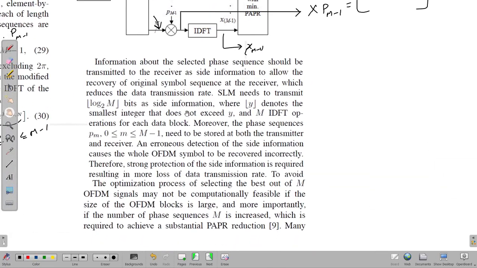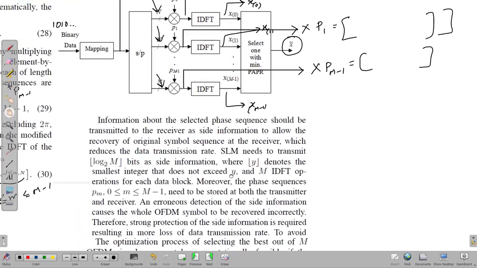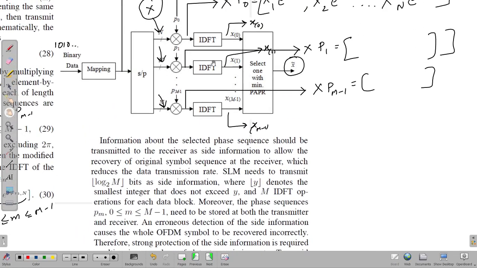Now how does the receiver know which phase sequence was multiplied with the original modulated set of symbols? Only then will the receiver be able to identify the original value of x.